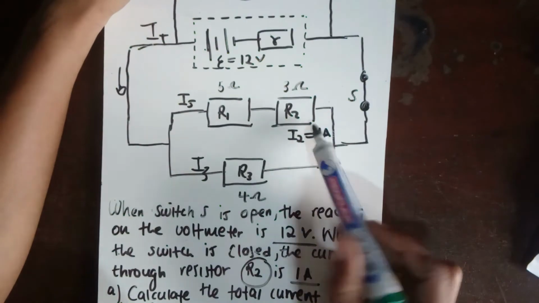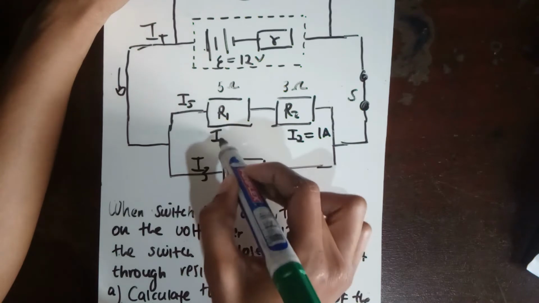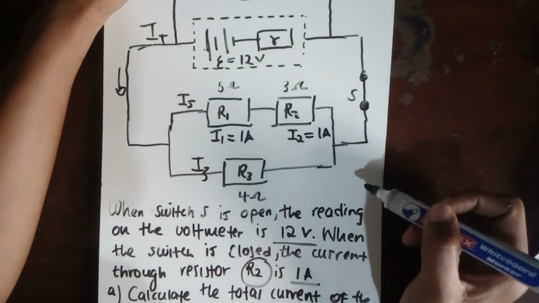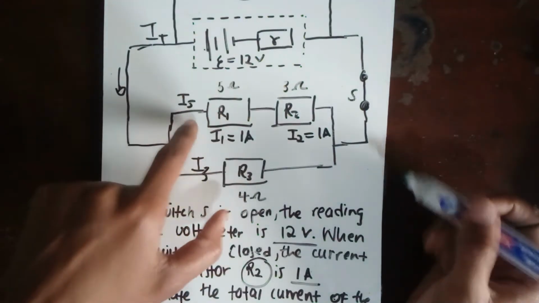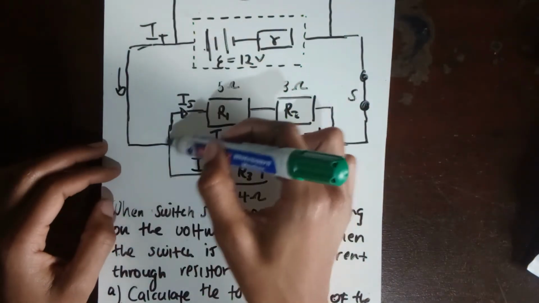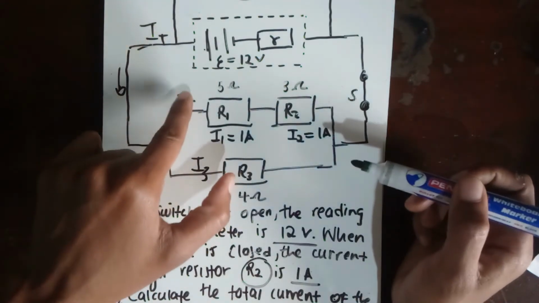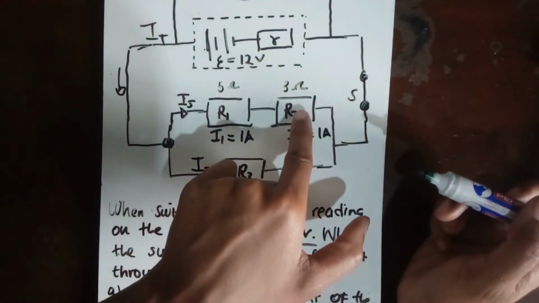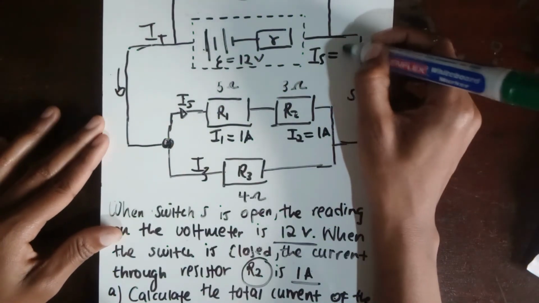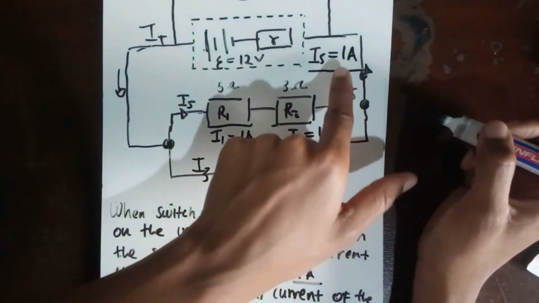So the current through R1 and R2 will be the same, meaning the current at R1, which you call I1, will also be 1 ampere. And also, remember that the total current will come and then it will split over here into IS and I3. So meaning the current IS is the same current that we find at R1 as well as at R2. So our IS will be equal to 1 ampere. You'll see why it's important for me to mention these few things.